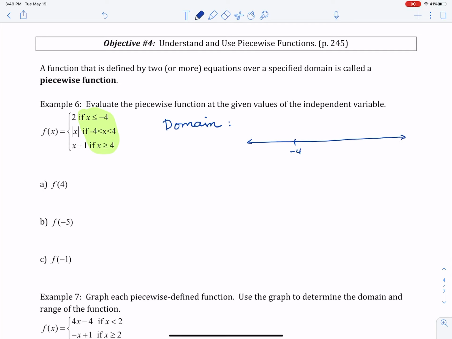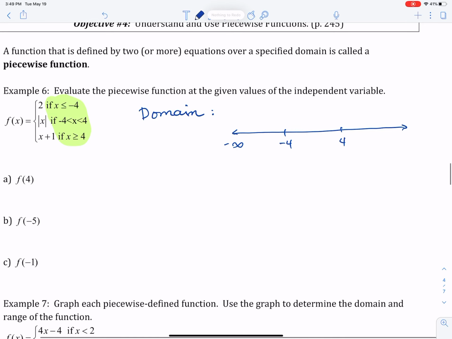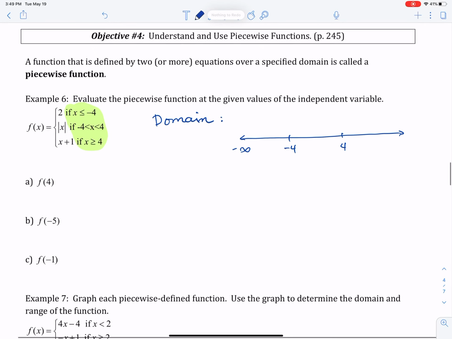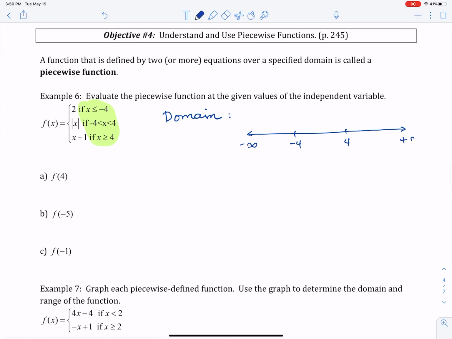It can be all the way from -infinity to -4. Then there are values between -4 and 4. And then x can be greater than 4, so this function may continue past 4 up to positive infinity. So it looks like the domain of this function is going to be from -infinity to infinity.